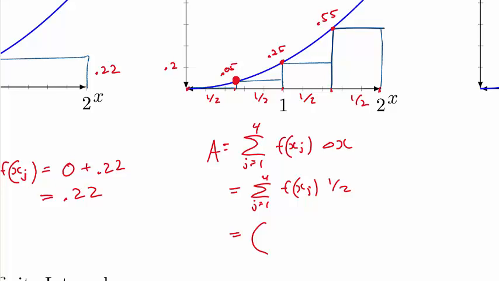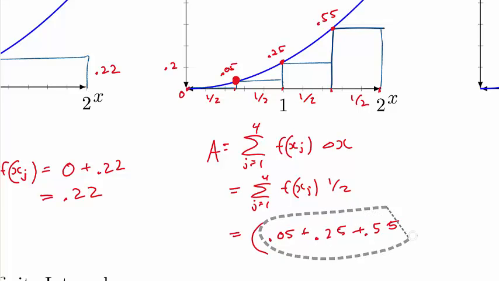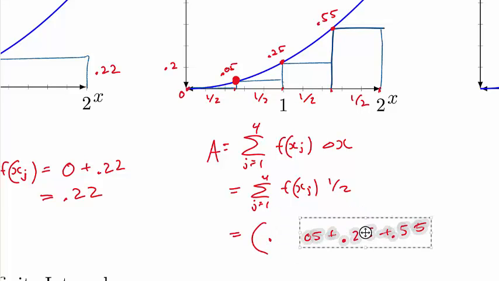And let's go ahead and fill this out. So we had 0.05 plus 0.25 plus 0.55. And note there's only 3 listed here. There was this one that had area of 0, or height of 0. Why don't we go ahead and include that just so we got everything accounted for.